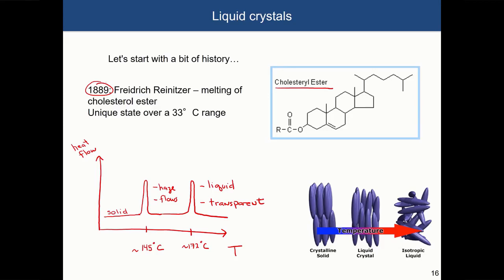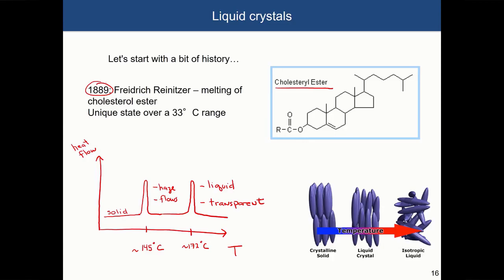And when you increase the temperature and you come to this temperature range, which for this particular material happens around 170 degrees, you will eventually have the material that is completely liquid-like, right? So even this orientational order is lost.